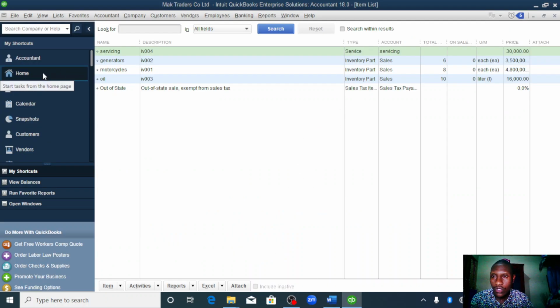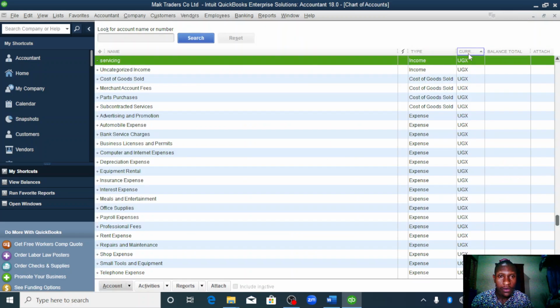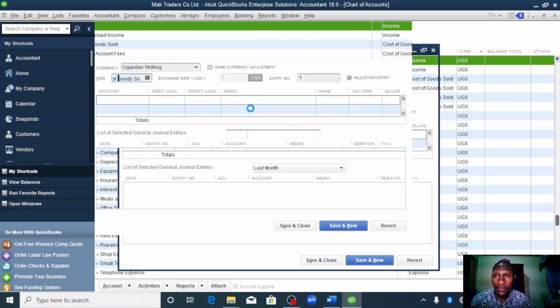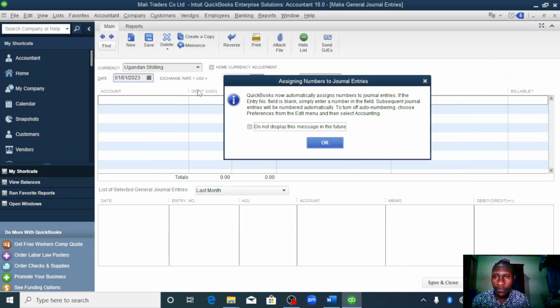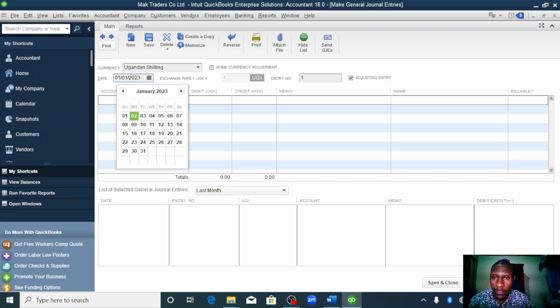So we go to home, then we go to our chart of accounts, we right click, we go to our general journal. First remove this one. We update the date. It is second.